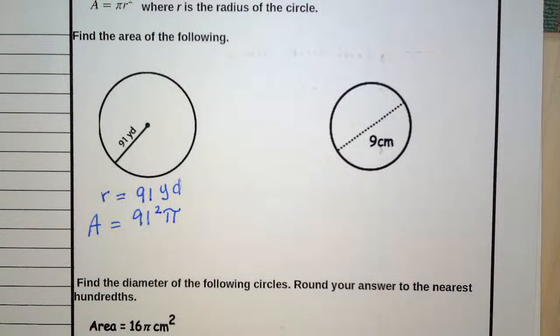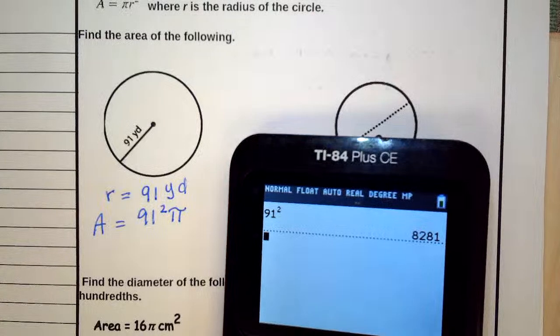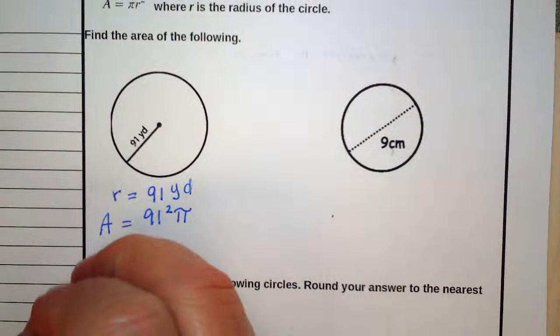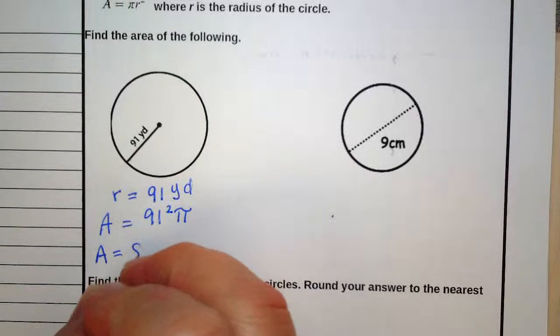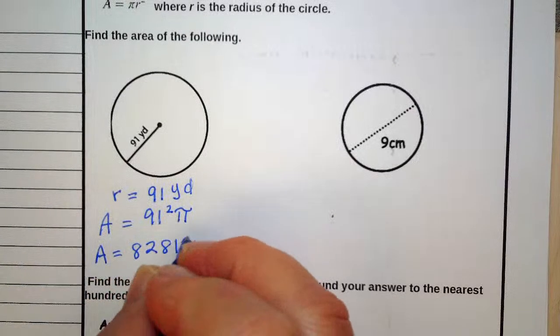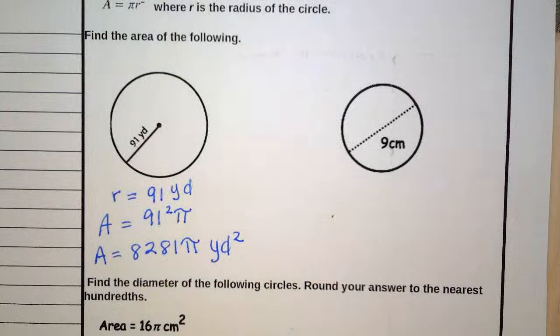It's going to be a big number. 8,281. And this would be pi, and this would be yards squared. That is your exact.